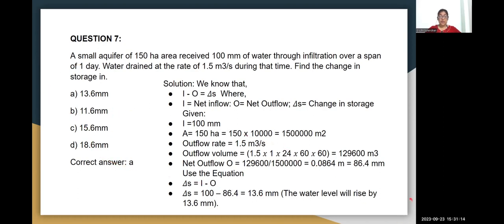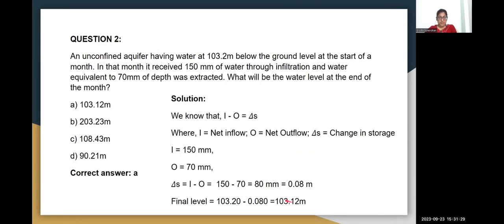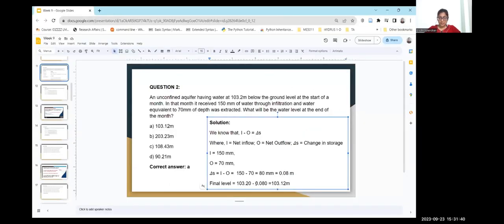There will be a water level rise. The water level is going to rise by 13.6. So this is exactly what will happen in the second question that we had discussed. In the second question over here, instead of this value, the final level, the water is going to rise by 0.08. So it is going to be plus 0.08, which is going to give 103.28 meters.